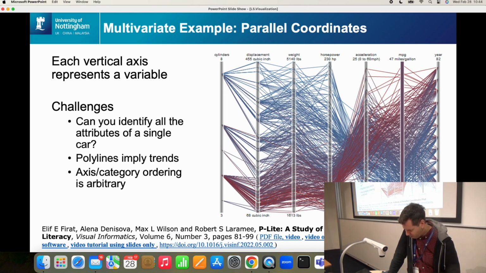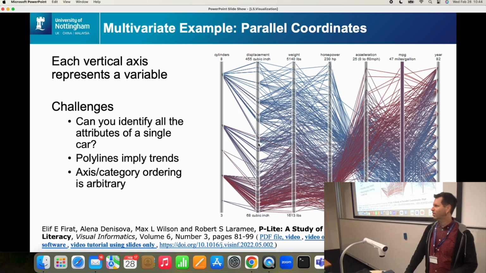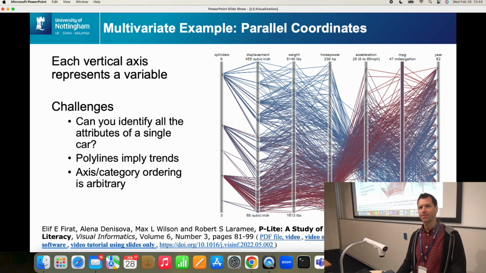And up here we have 47 miles per gallon. So if this was interactive, I would select this polyline, and then it would highlight which car it is, and I would choose that car to buy. Probably something like that. I know I'm going very quickly here.